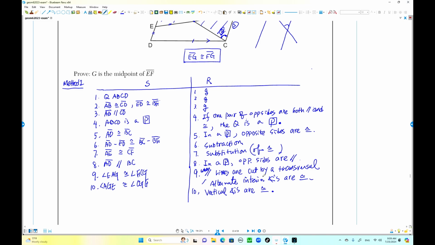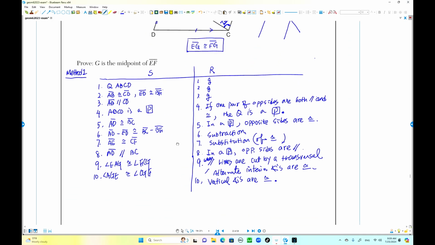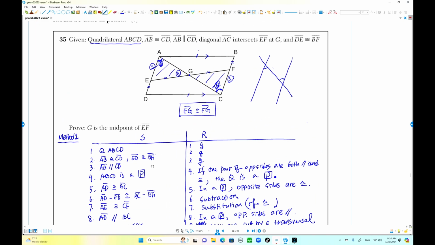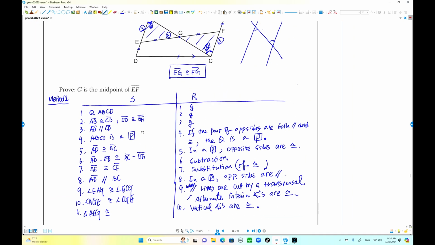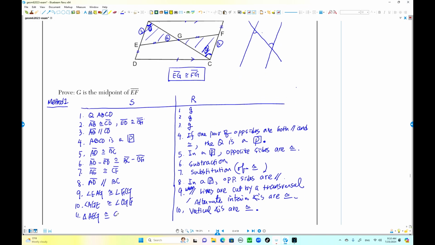Now we got another angle over here. What is it? Angle-side-angle. We already got everything. So triangle AEG is congruent to triangle CFG.